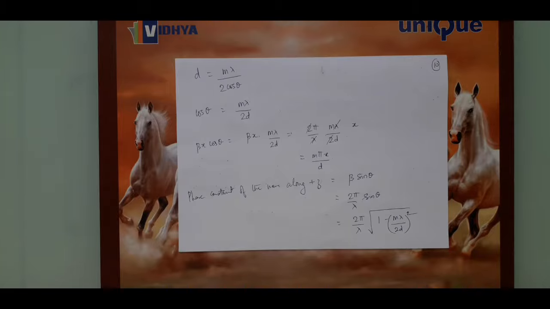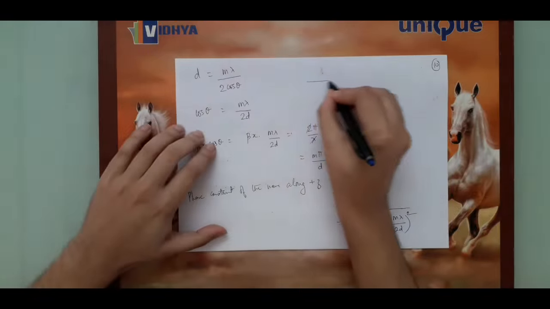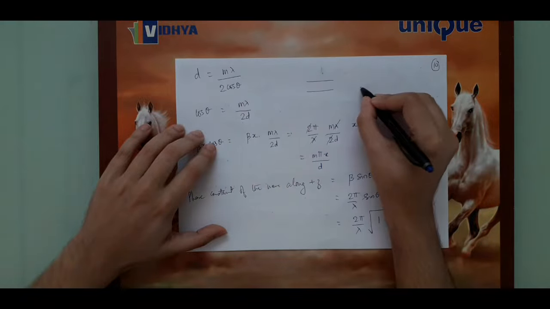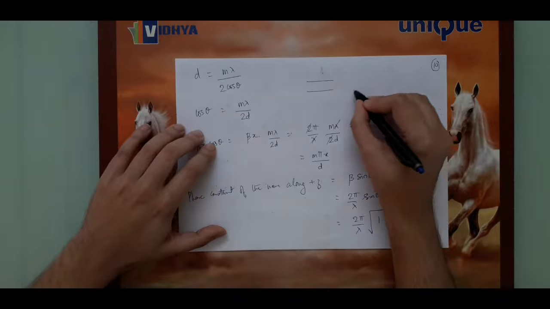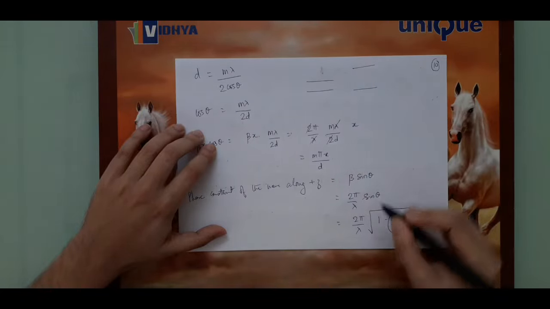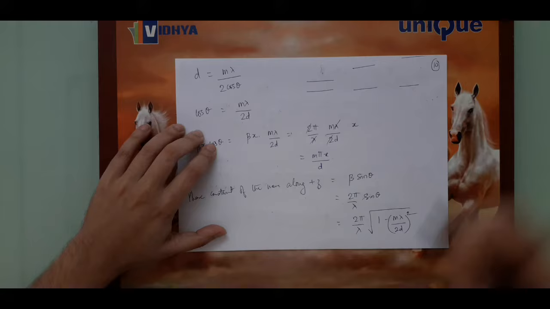Now, depending on what is m, I can have the plates for m equal to 1, the plates were like this. For m equal to 2, the plates will be like this. M equal to 3, the plates will be even more further apart.